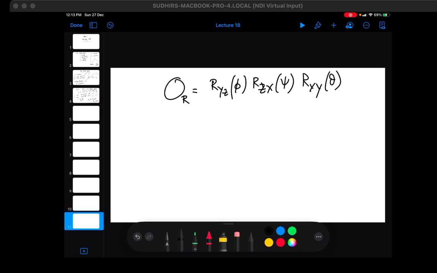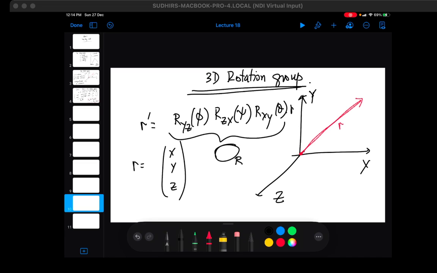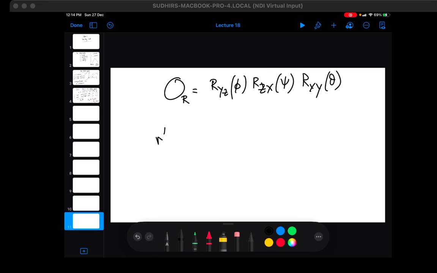So this is a product of 3. I have expressed a generic three-dimensional rotation in terms of 3 Euler angles, or 3 rotations in 3 independent planes, and a product of these 3 gives you a general rotation. And the condition on this would be the same, like r prime transpose r prime is equal to r transpose r. This implies OR transpose OR is equal to 1. Now it is just that they are 3 by 3 matrices, so that's the only thing which makes a difference.